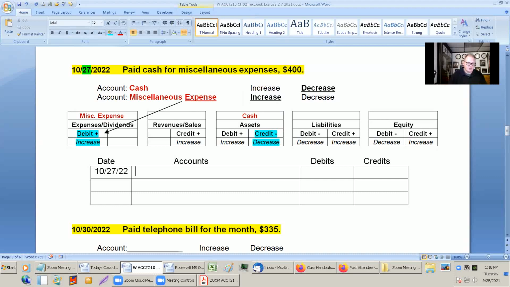Just put the answer in. Miscellaneous expense. And you can just abbreviate those. Going down.